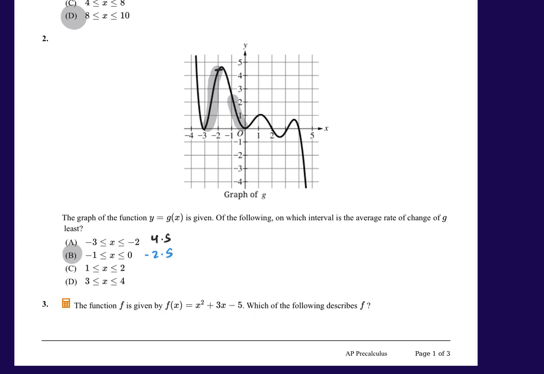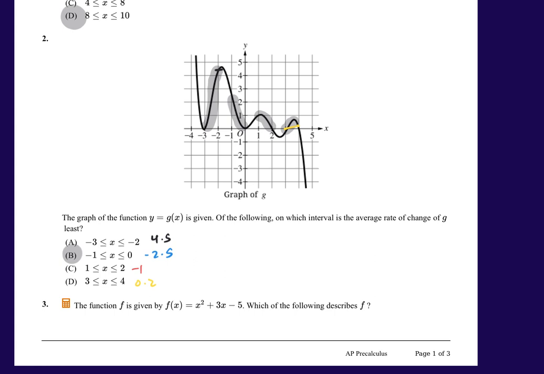Then it goes 1 to 2, and that appears to be like a -1. And then comes 3 to 4, which is almost like no change. It goes up and comes back down again, so it could be like a 0.2, something like that. So the least includes that negative sign, right?